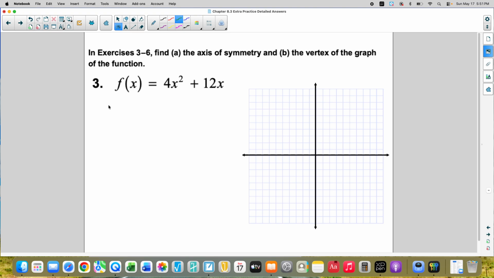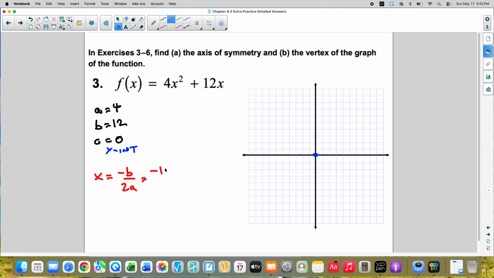So now find the axis of symmetry, find the vertex. Looking at here, my a value equals 4, my b value equals 12, and my c value equals 0. Remember, my c value is going to be my y-intercept. So I already know I have a point there. I'm going to find my axis of symmetry, and it is going to be the opposite of b over 2a.